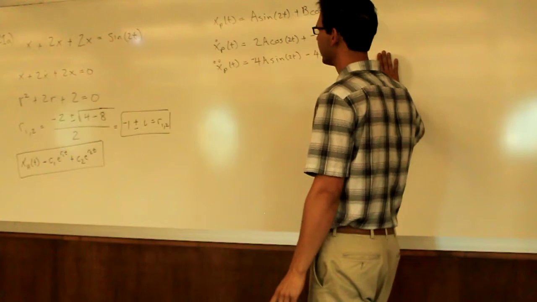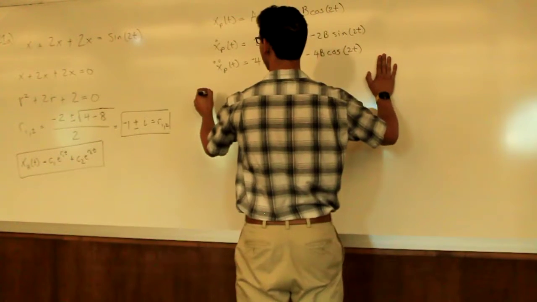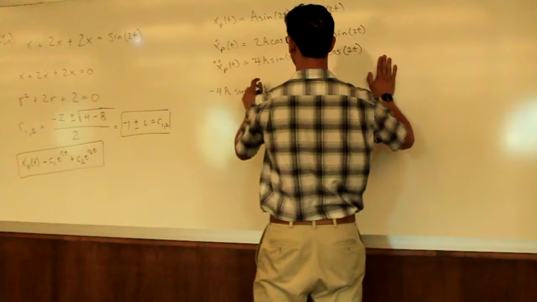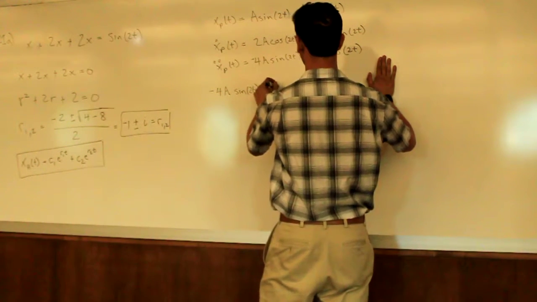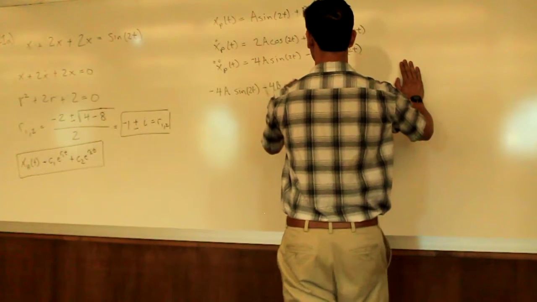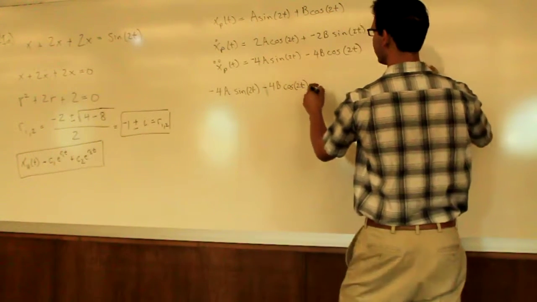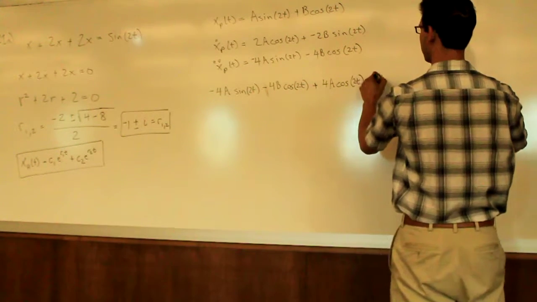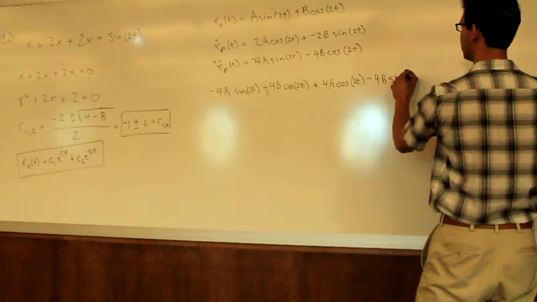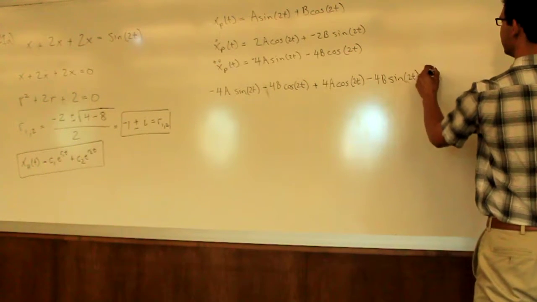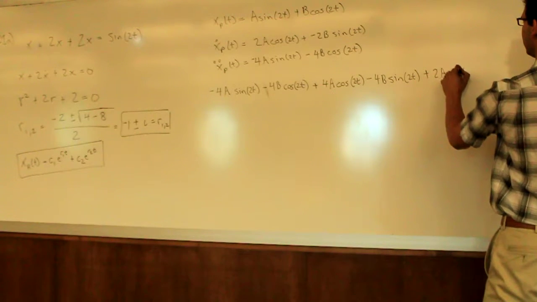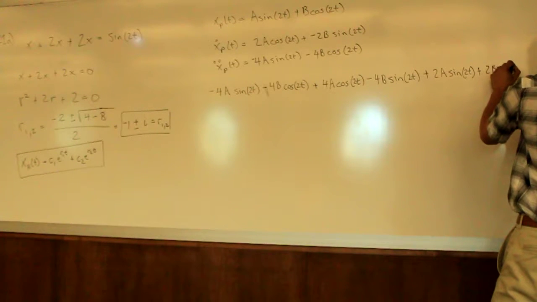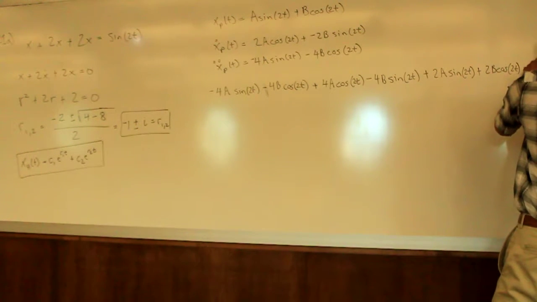All right, what do I do with this? Plug it back in. So I'm going to get negative 4a sine 2t minus 4b cosine 2t plus 4a cosine 2t minus 4b sine 2t plus 2a sine 2t plus 2b cosine 2t equals sine 2t.